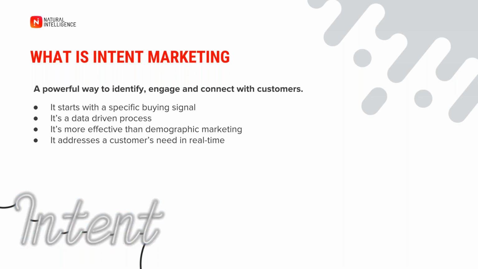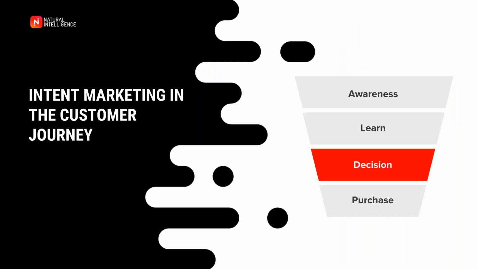So if we think about the buying process, where is intent marketing effective in the buyer's journey? Okay, so let's think back for a moment to Marketing 101. Most of the models will tell you that the journey starts with recognizing a need. The second stage, learn, is all about accessing information.